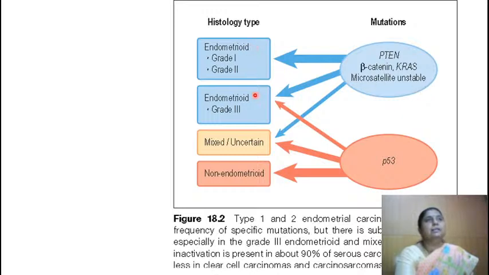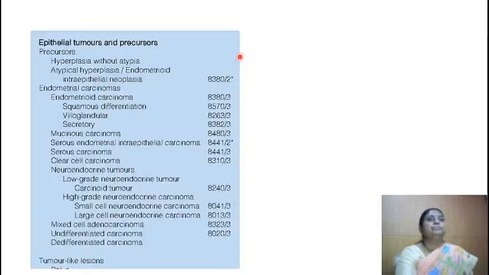Okay, this can occur in endometrioid and in the uncertain group. Whereas p53 mutation is mainly the pathogenic factor for non-endometrioid, that is the type 2 endometrial carcinoma, and also for mixed uncertain carcinomas. This can also be seen in endometrioid grade 3 tumors, but never in the low grade endometrioid tumors.